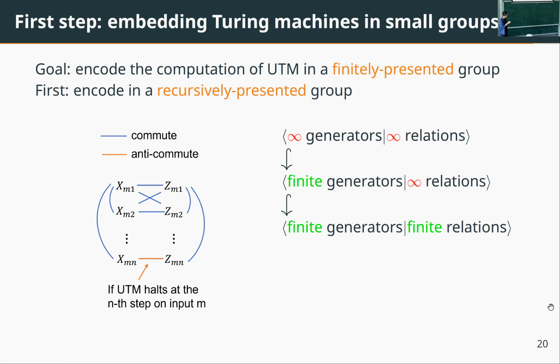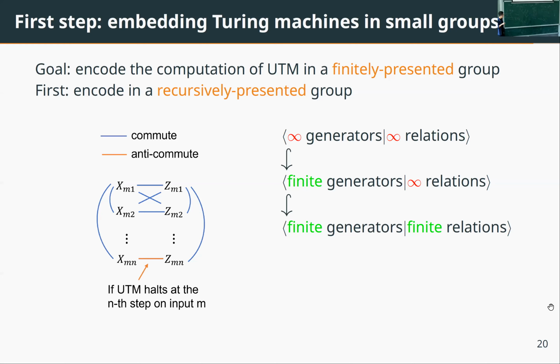This step uses the construction of HNN extensions. It basically adds more relations, but reduces the number of generators to finitely many. And for this part, we show that since this group has some nice property, it has a so-called polynomial word problem, so you can identify whether an element is trivial or not very quickly.